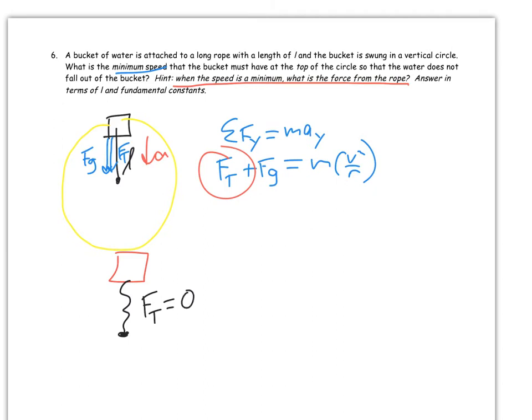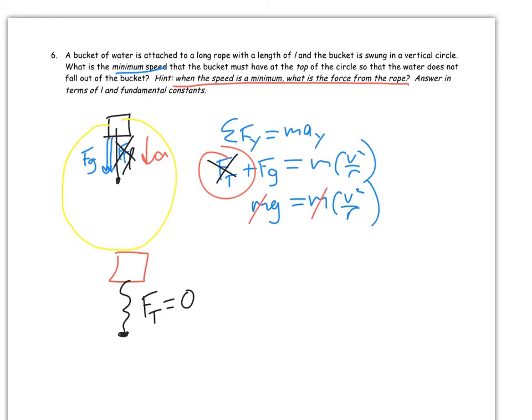So at this point where we're going as slow as possible, there's this perfect speed where the force of tension does not actually act on the bucket itself. And only the force of gravity at the very top, that's the only force keeping it moving in a circle. And so once we get rid of that force of tension, we can make this substitution here, mg equals m times v squared over r.